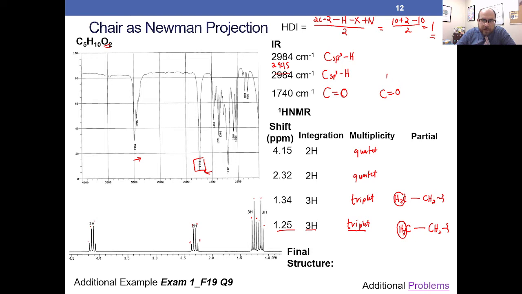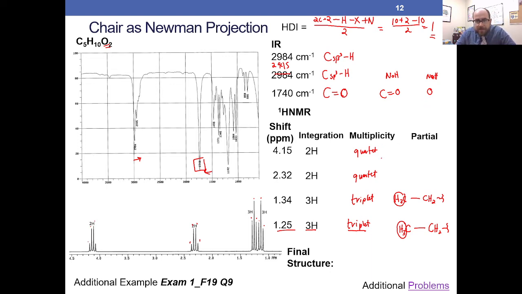Our carbonyl is going to have no hydrogen signals, so if I have some sort of signal attached to it, it's not going to see any hydrogens on that carbonyl carbon. We also have an oxygen that is also a no hydrogen signal. If something is attached to it, it's not going to see any hydrogens on that oxygen.